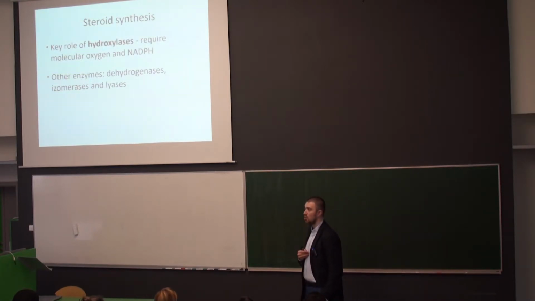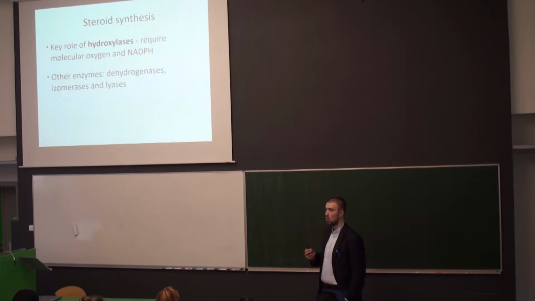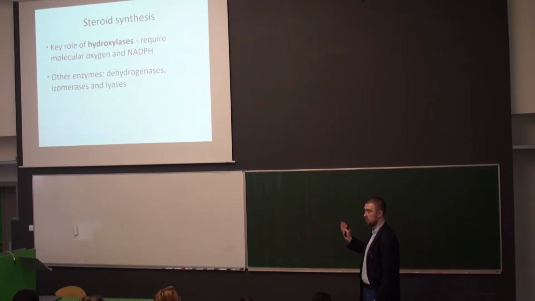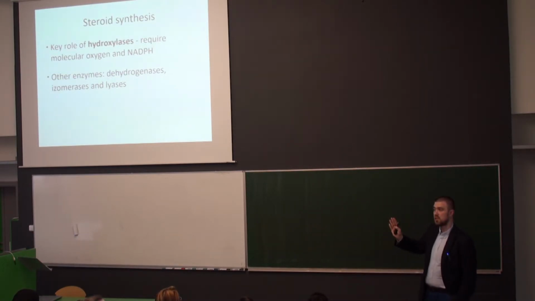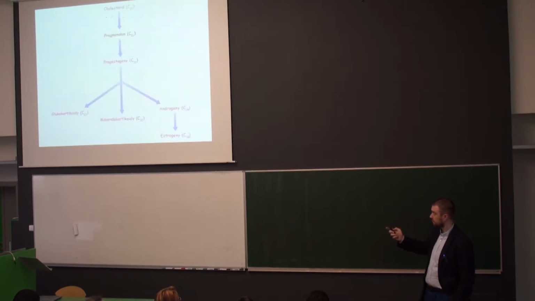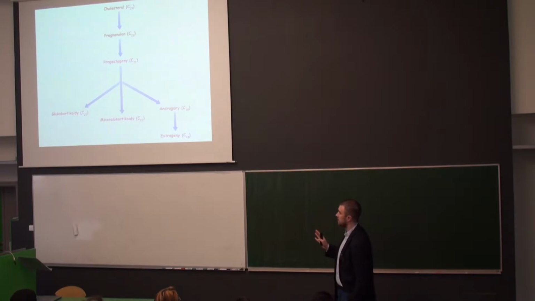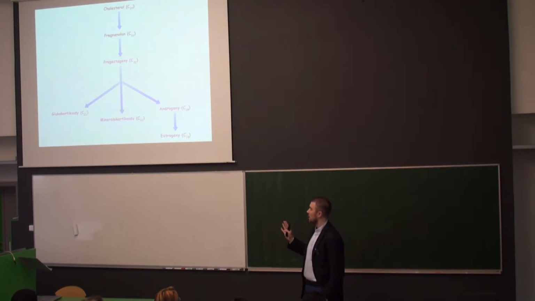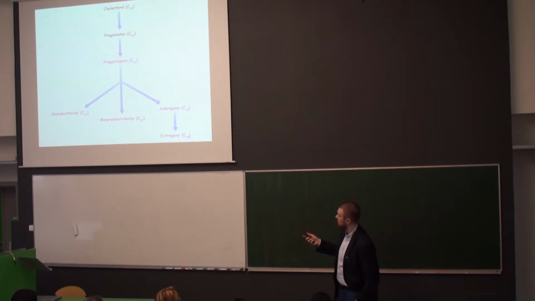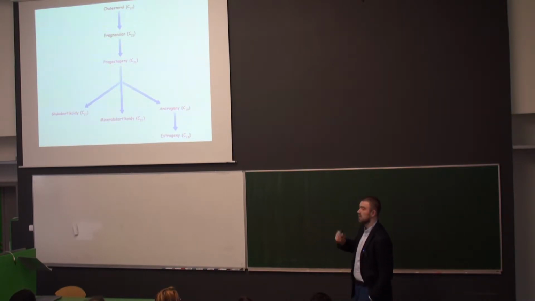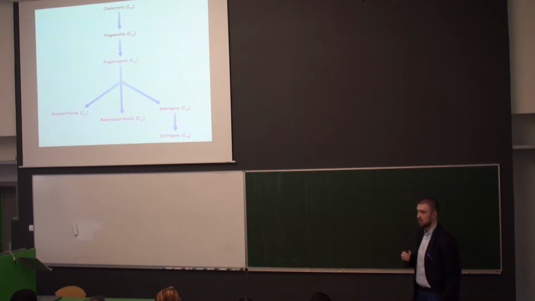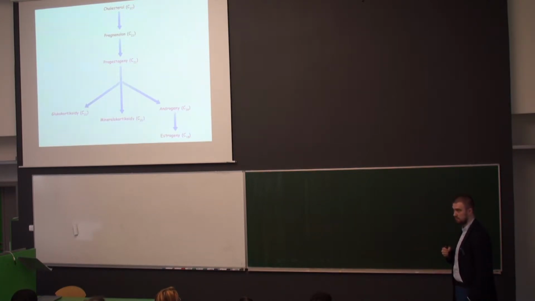Yes? What we expect you to know, for the key steroid hormones, is the series of steps. This is the first simplified version that is useful for you to know. Pregnenolone is the same for all, and then pregnenolone is directly converted to gestagens, to progesterone.